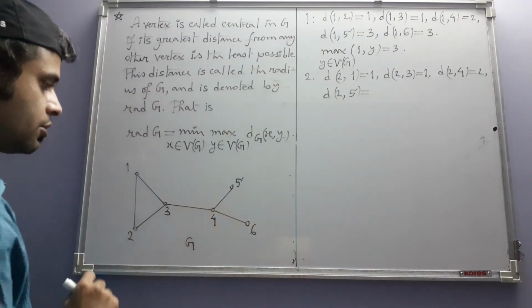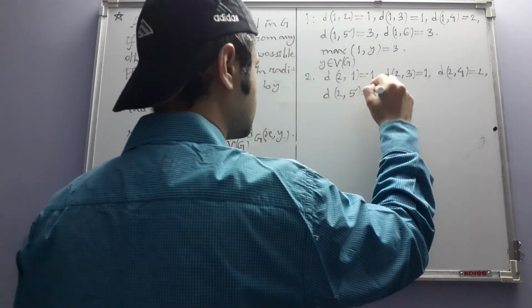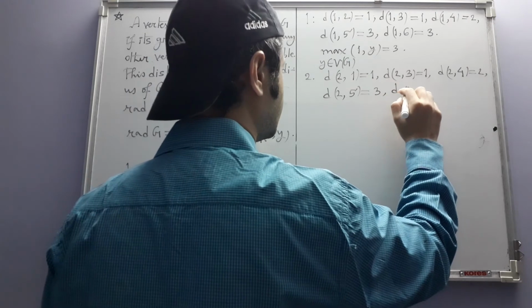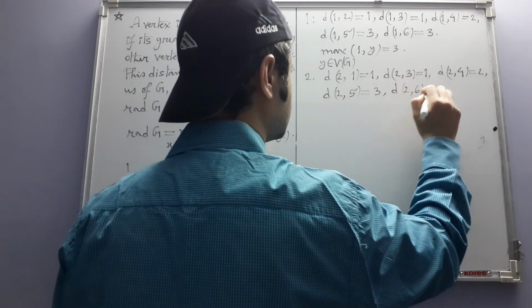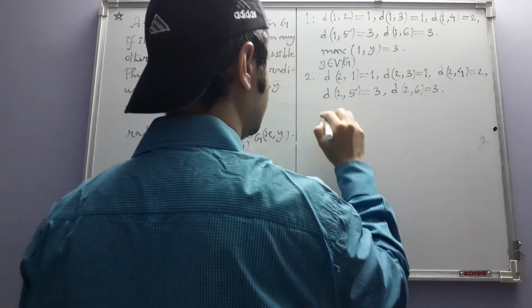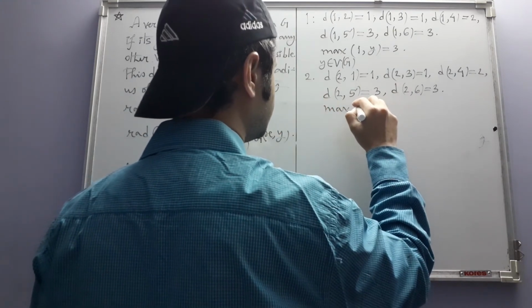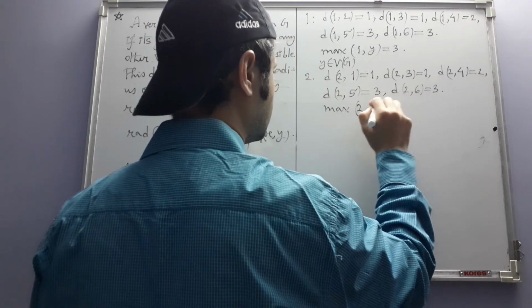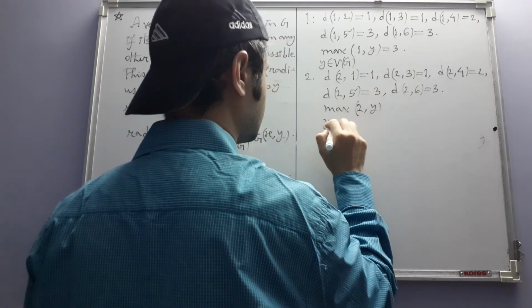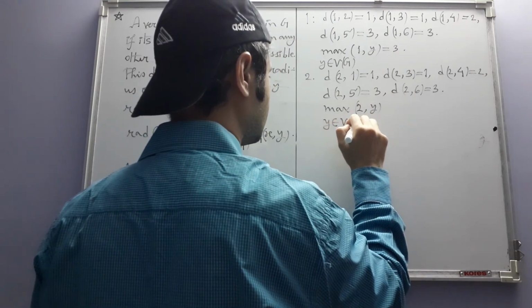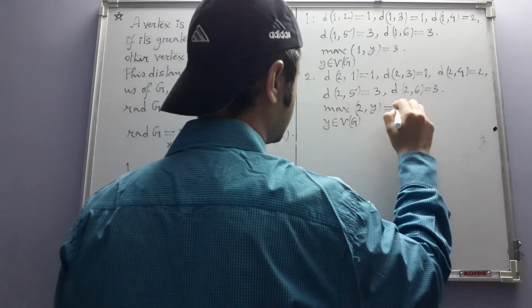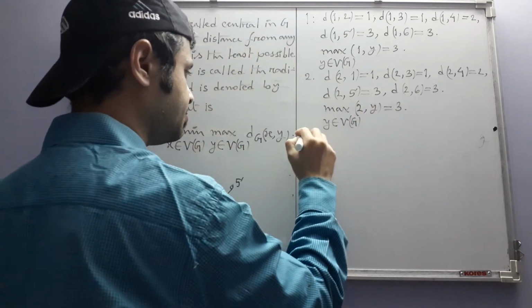Distance between 2 and 4 is 2, that between 2 and 5 is 3, and that between 2 and 6 is also 3. So in this case also the maximum is 3.